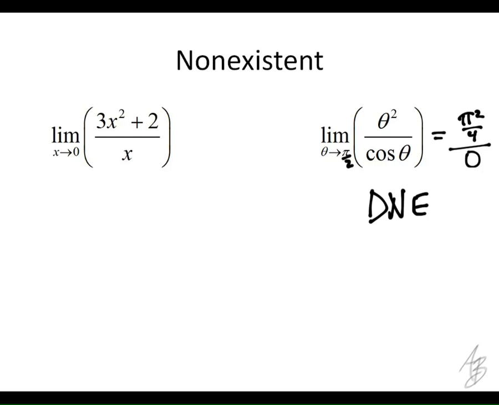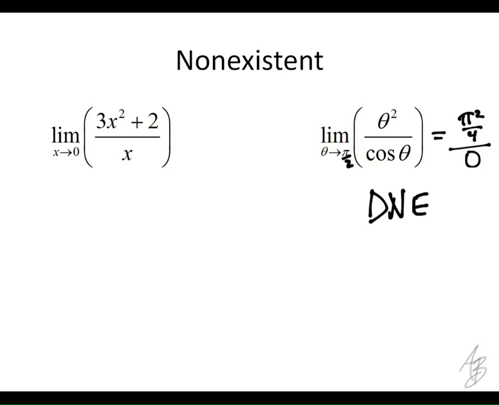Quick note on does not exist. Don't write does not exist when you actually mean something else. Does not exist has a very specific meaning. Particularly with limits, it means that the limit is approaching either different values from both sides or it's approaching an infinite value, but it doesn't really have a meaning in other areas.